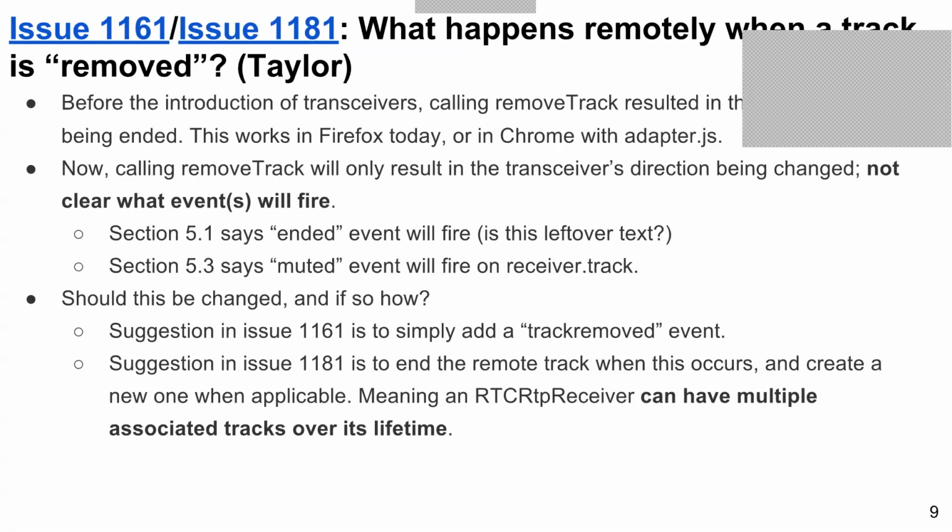Peter. What I like about it, though I don't like the only-once part, is that if we did that continuously and had that be the model, it's important to understand that if there was a way to distinguish add track and remove track from set direction, we could solve this better, right? But there isn't. So if that is the behavior, at least it would let people write JavaScript today, and they would have lead time to change their code if they are looking for ended.